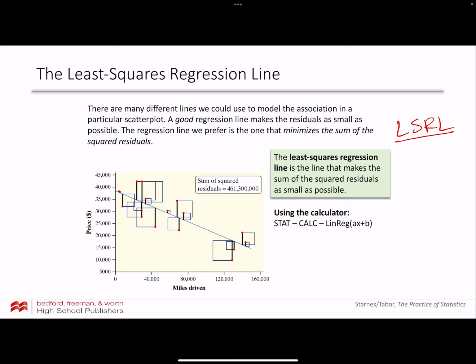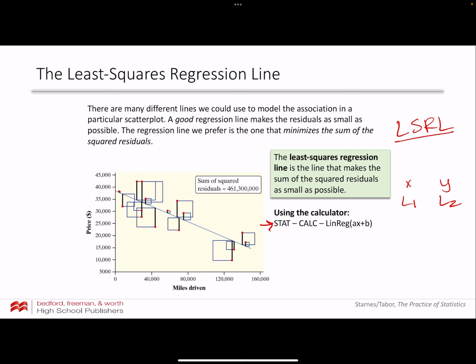You're either going to be given the equation of the LSRL, y hat equals whatever, or you can put raw data into your calculator, with the x values in L1 and the y values in L2 or L3 and L4, it doesn't matter which list. And then you're going to use the function on the calculator.